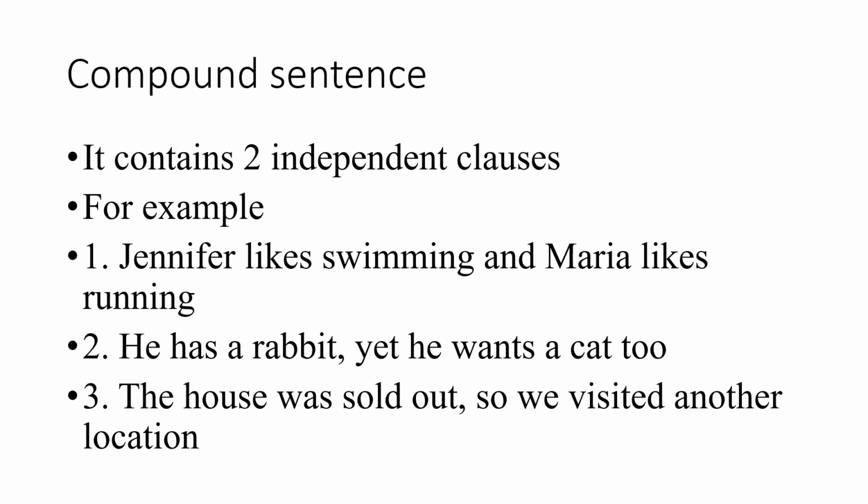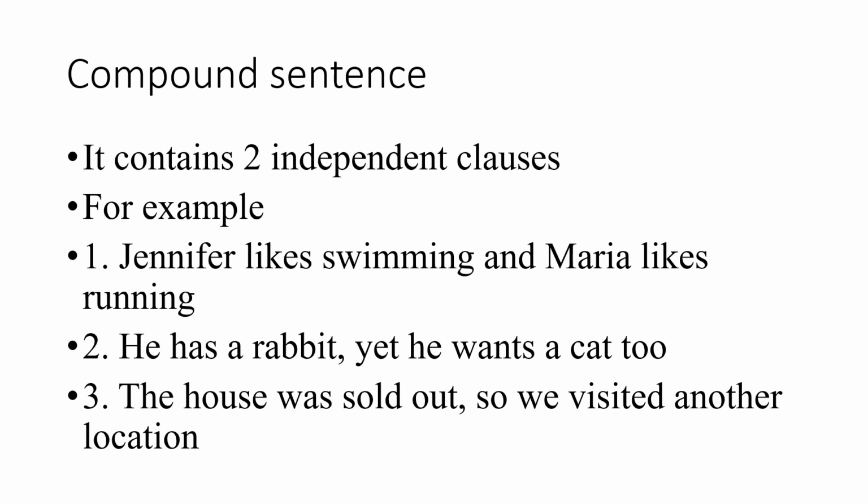In the second sentence, "He has a rabbit, yet he wants a cat too." Here, yet is the coordinate conjunction, which is joining the two independent clauses in the sentence. For the third example, "The house was sold out, so we visited another location." Here, so is a coordinate conjunction joining the two independent clauses because each clause can convey its own meaning or idea.